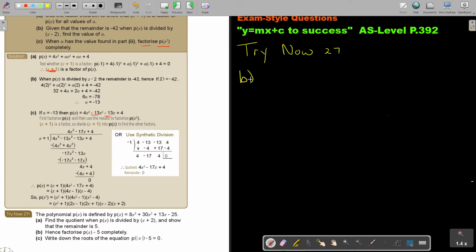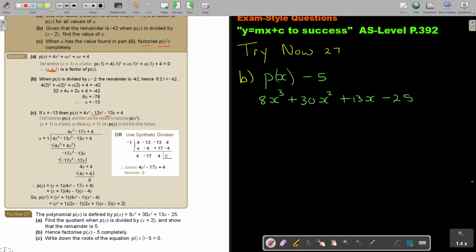Now factorize, but be careful, completely. It's almost like that catch-out. So it's P(x) minus 5. Let's write P(x) down. So what is P(x)? It's 8x cubed plus 30x squared plus 13x minus 25.